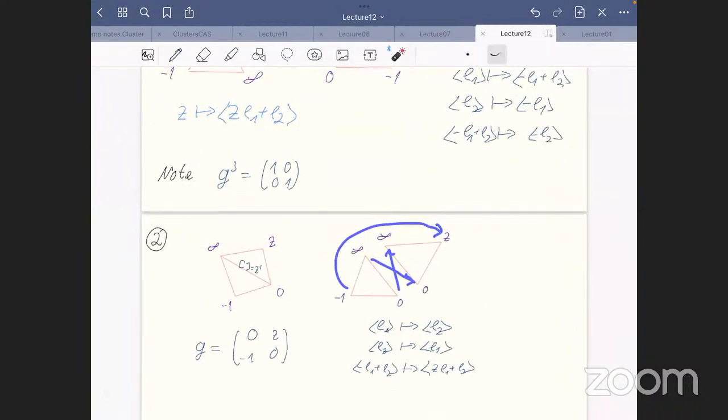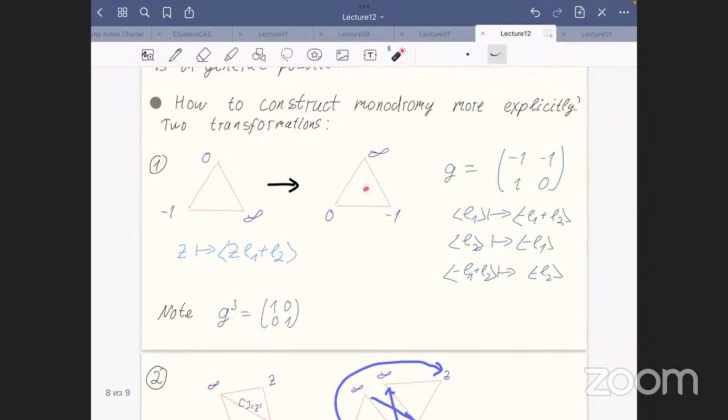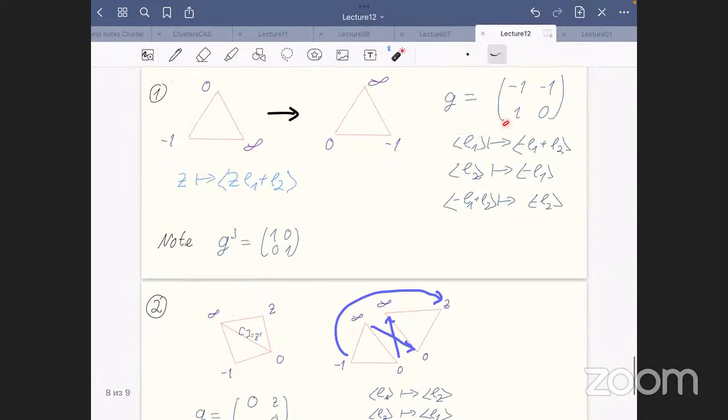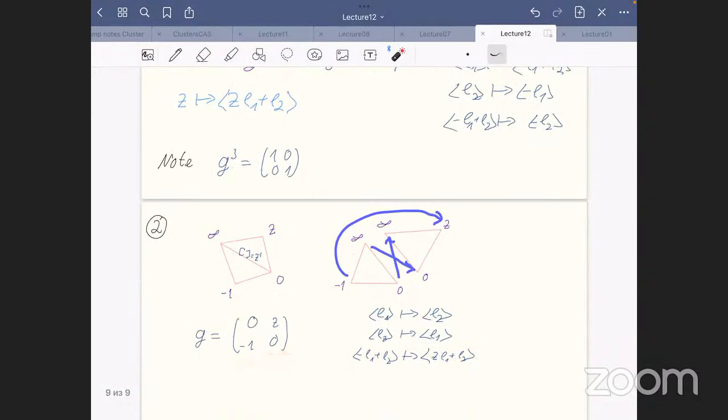Anyway, so this G corresponds to the path from one triangle to the neighbor one, and this G corresponds to rotation, and any monodromy can be expressed through this pair of matrices. This is how it goes.